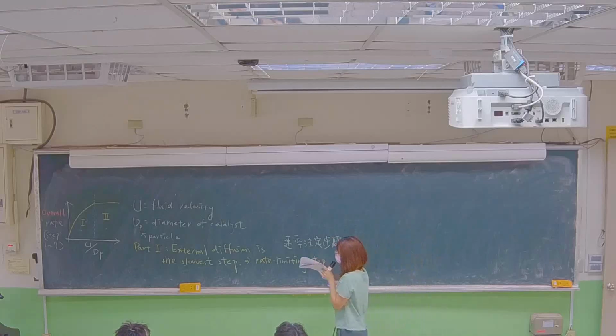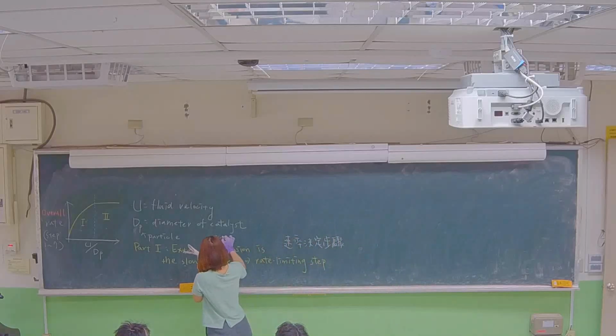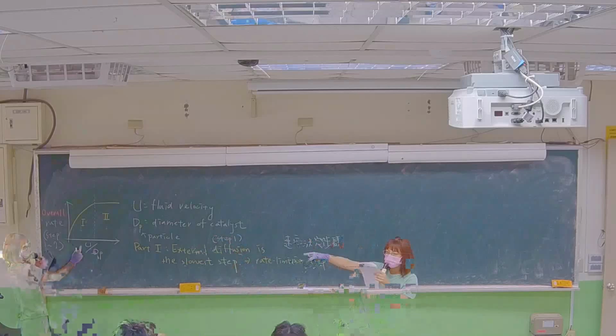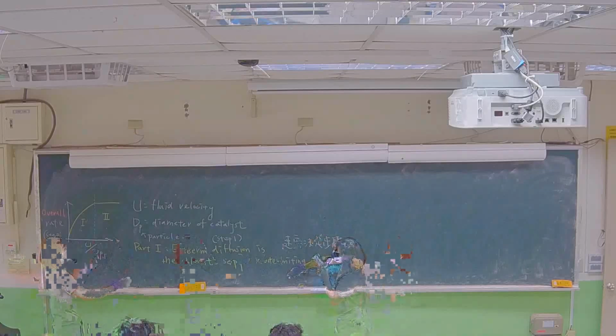External diffusion is step 1, we're talking about now, right? External diffusion is the slowest step. For this region, you can find the overall rate is proportional to U over dP.